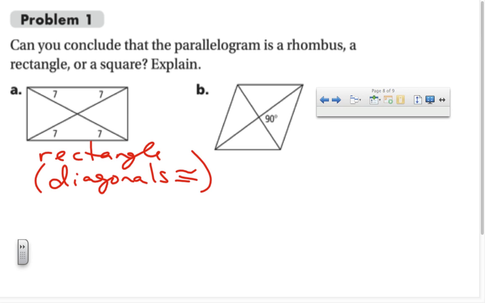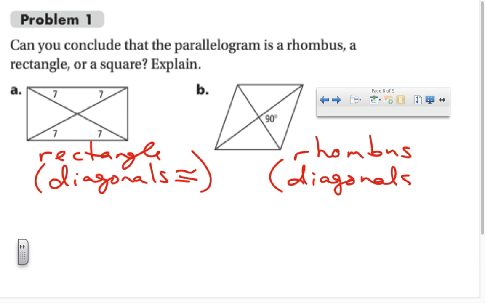How about part B? I already know that this is a parallelogram, and then on top of that, I have that 90-degree angle. So it is a rhombus. Again, because the diagonals are perpendicular.